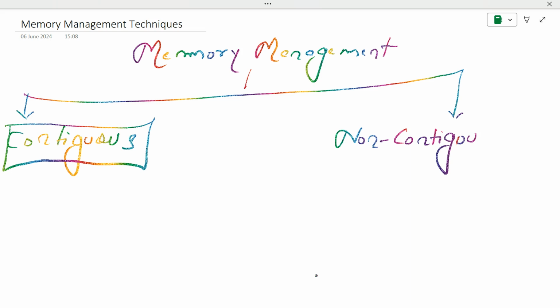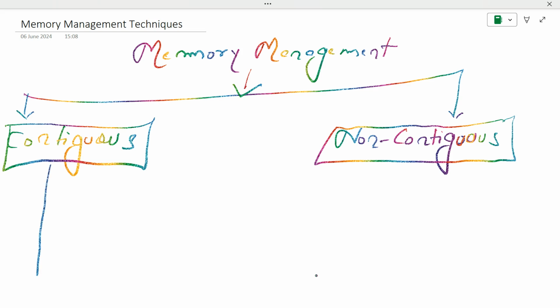So first is contiguous memory allocation, and second is non-contiguous memory allocation. In contiguous memory management, we'll see there are two kinds of memory management.